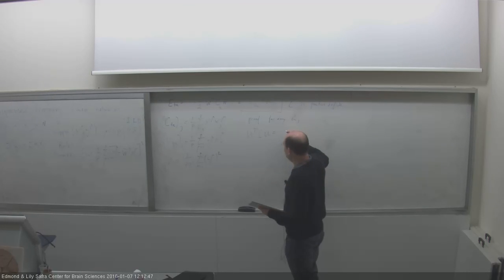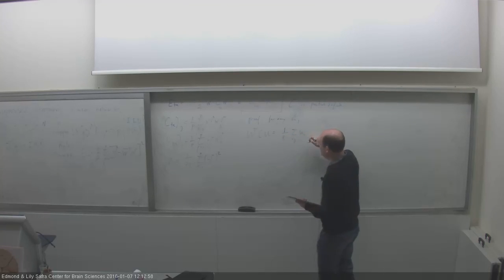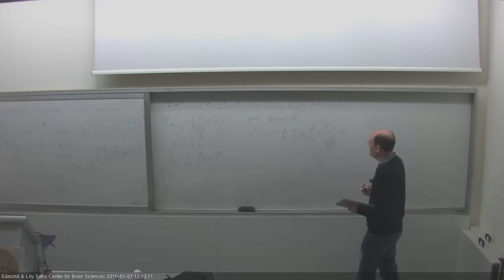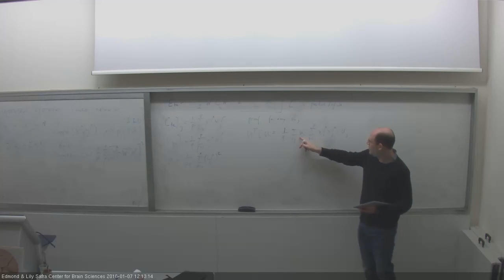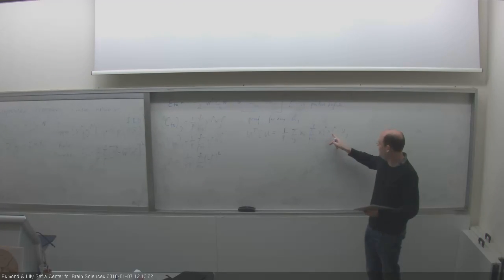It's 1 over p, sum over i and j, u_i, sum over mu going from 1 to p, x_i^mu x_j^mu, and all this is multiplied by u_j. But now you see that I can put this sum before this u, and then I have a sum u_i x_i x_j u_j. So I'll also replace the order of this sum and this sum.